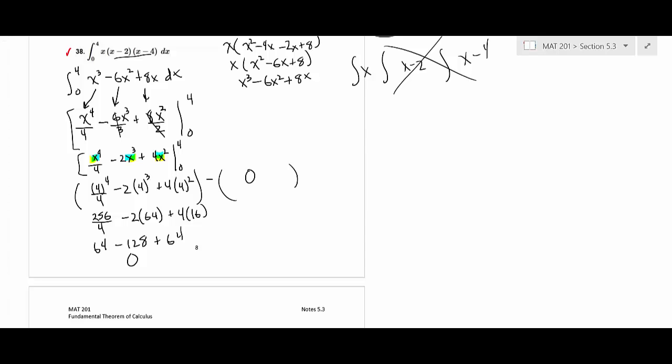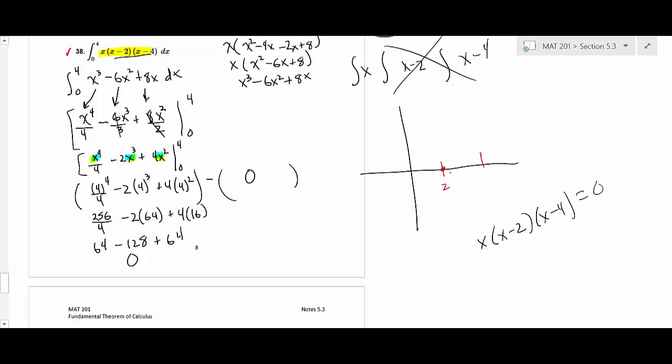Now I'm going to show you one other thing on this problem. That's kind of good to see if you remember something from college algebra. If you take this equation and set it equal to 0, this would give you where your intercepts are. So you would have an intercept at 2, an intercept at 4, and an intercept at 0.